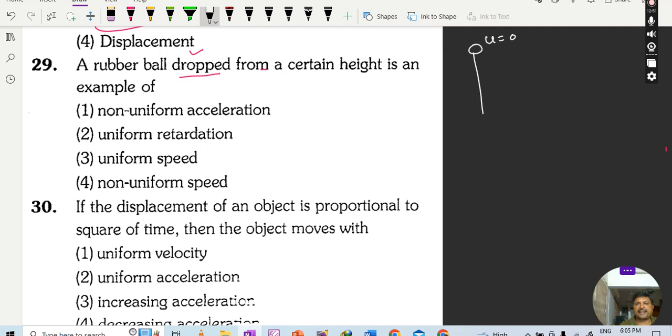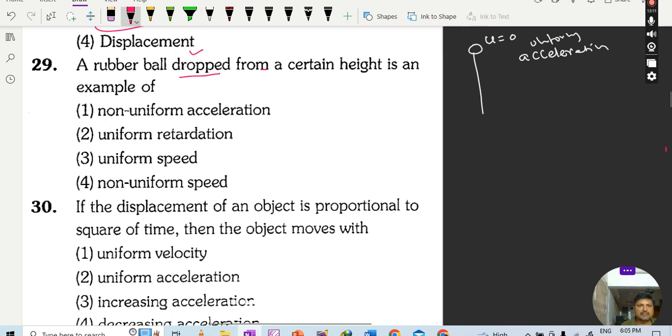If any body is dropped, it falls under the effect of gravitational force. So it is a free fall. Free fall means only gravitational force acts. So this body moves with uniform acceleration, because its speed is increasing per second.